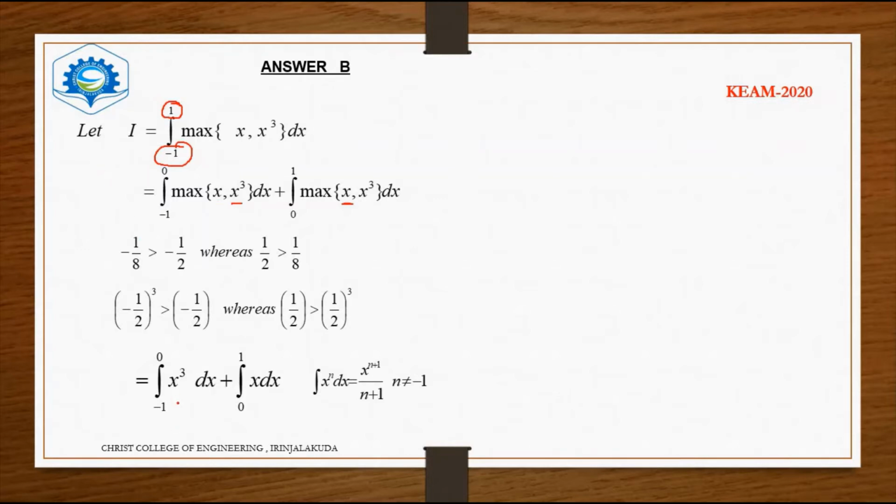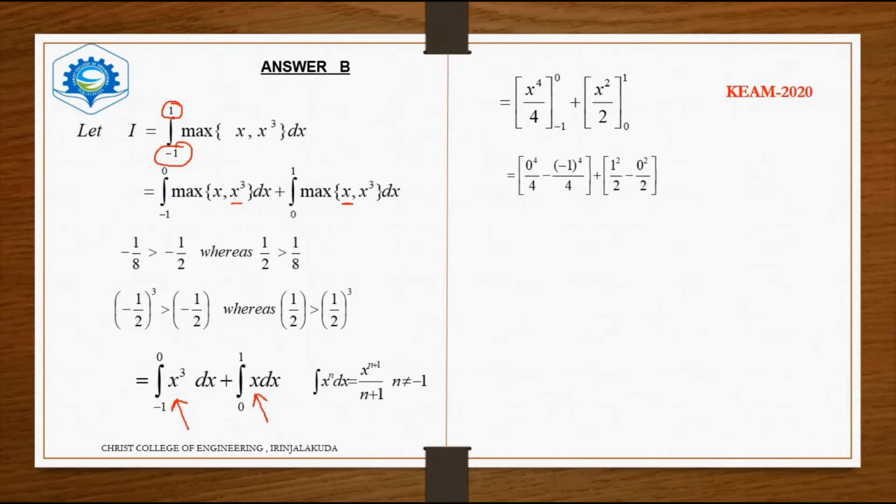X cube integration will be x raised to 4 by 4 and then apply the limit minus 1 to 0. What is the integration of x? X square by 2, apply the limit 0 to 1. So, upon finding the integration, substitute the limit. How are you going to substitute the limit? Upper limit minus lower limit. See, here I have substituted.